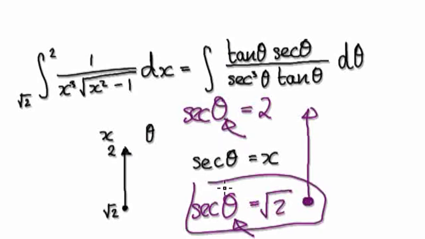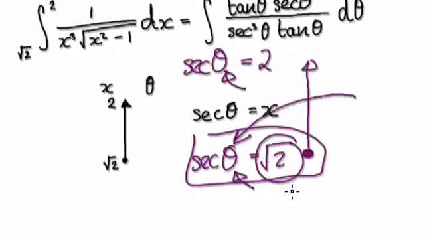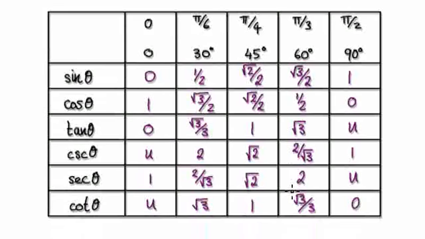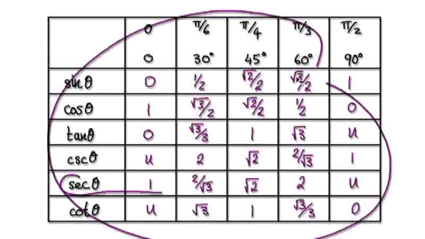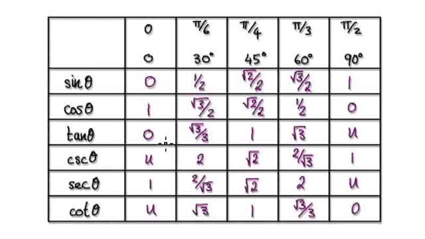So if you look at this here, we need to know secant of what will give us the square root of 2. So hopefully you would have seen this before. This is just a table of all the common values. So maybe you should already know this.